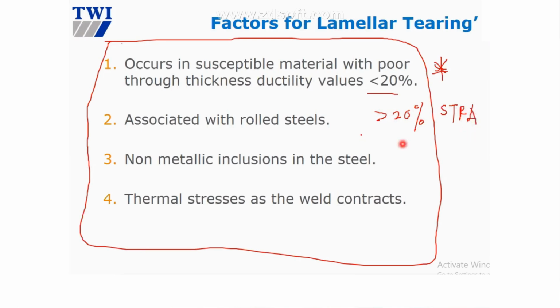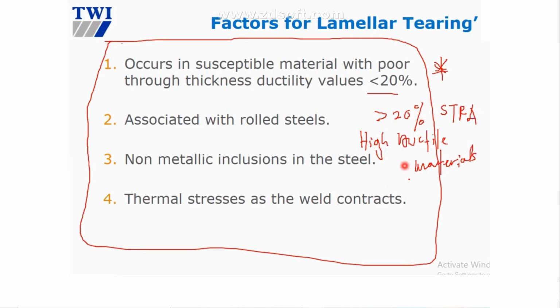Meaning is high ductile material. If you got more than 20%, so the material got 20% more, there is no problem with lamellar tearing.